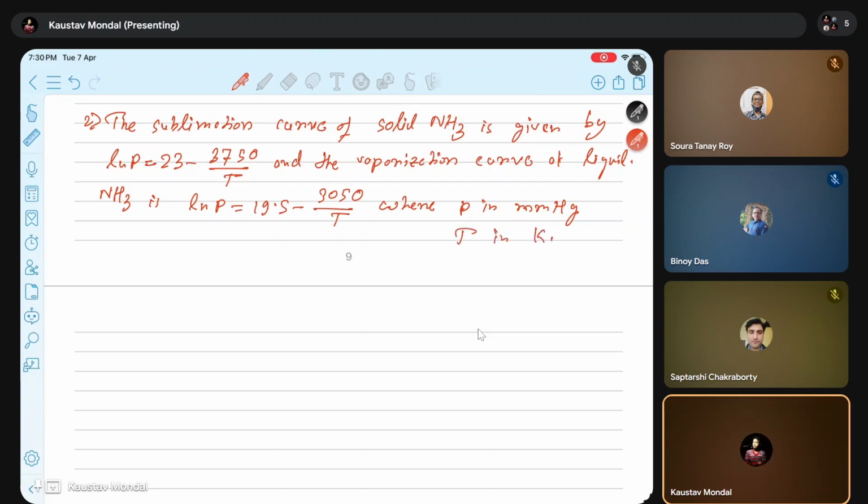Okay. The answers are A is 200 Kelvin, B is 163 Kelvin, C is 156.4 Kelvin, and D is 700 Kelvin.